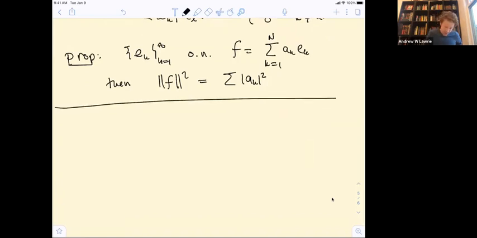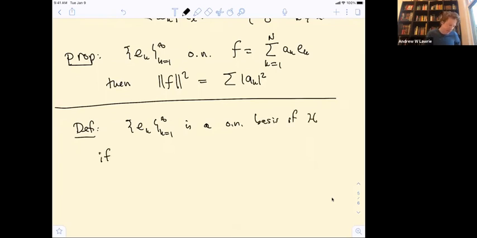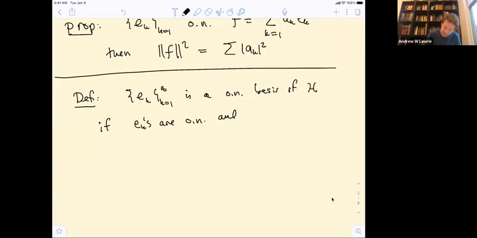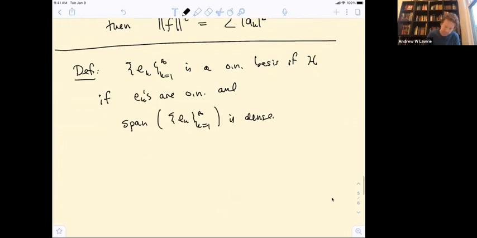Definition: the e_k form an orthonormal basis of H if these are orthonormal, and the span of the e_k is dense, i.e., finite linear combinations are dense.